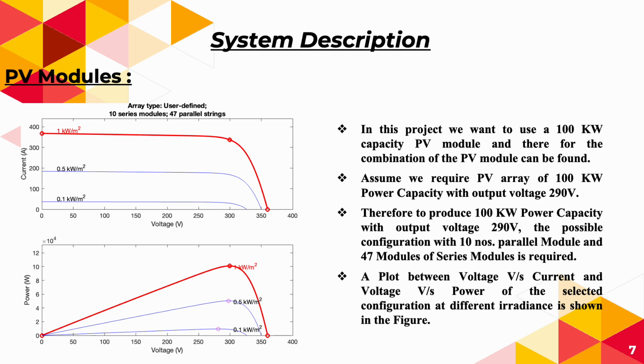Here you can also see the voltage and current graph which may be obtained from this combination as a function of the irradiance of the PV module.